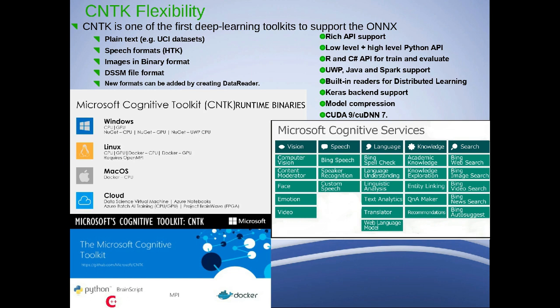CNTK provides UWP, Java and Spark support. 5. CNTK has built-in readers for distributed learning. 6. CNTK has Keras backend support. 7. CNTK has model compression, that is, fast binarized evaluation feature. 8. CNTK now supports CUDA 9 and cuDNN 7.